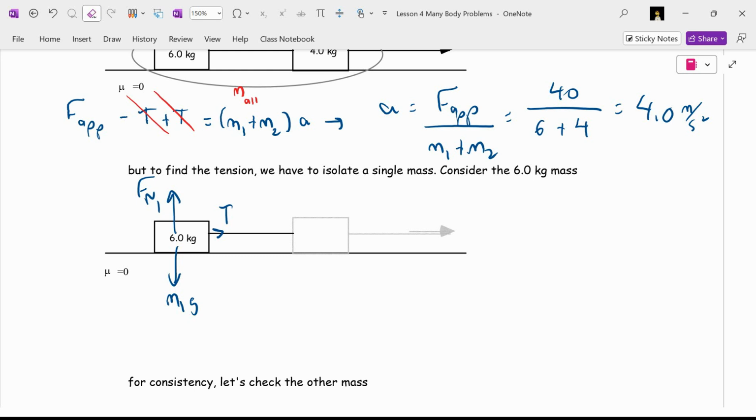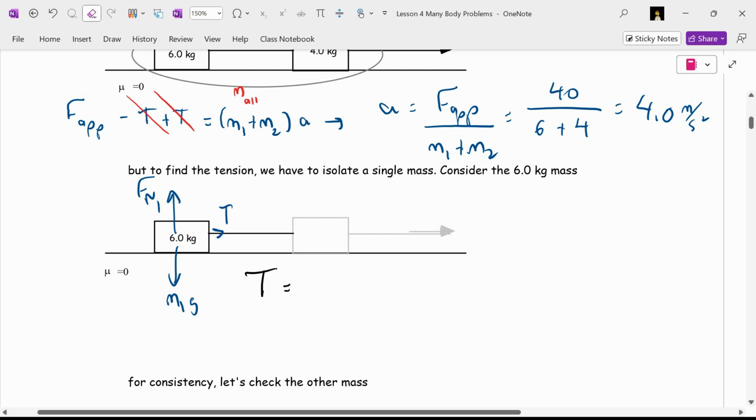Is there anything in this diagram pointing to the left? No, tension's pointing to the right. So who's winning? Tension. Who's losing? No one. Good. Winner, no loser.